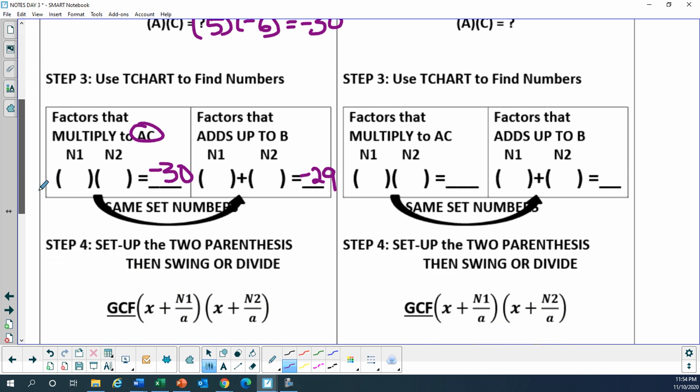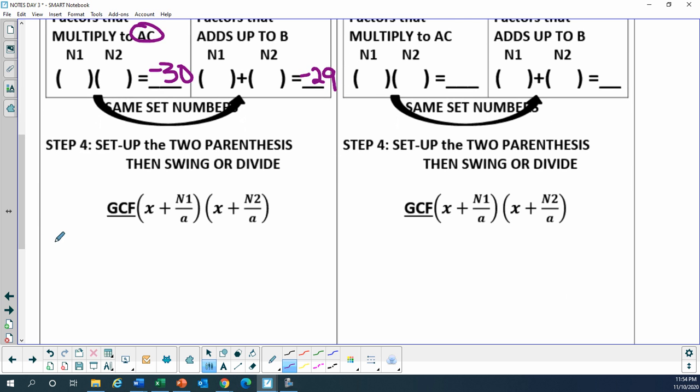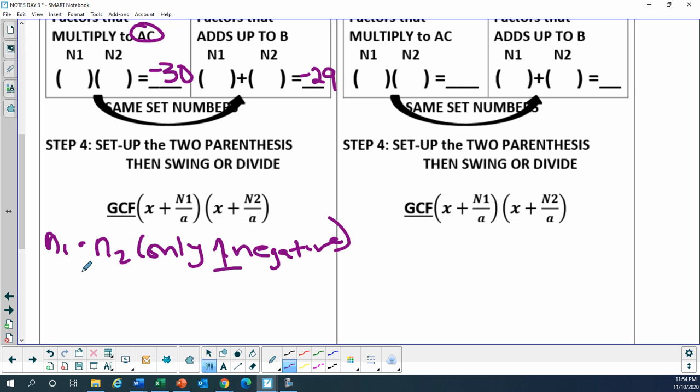So mind you, when the multiplication part is negative, the only way I can multiply to get negative is if one is positive, and then if it is n1 times n2, one of them has to be negative. Only one negative, right? Because positive times negative is going to be negative. But when I add n1 plus n2, it needs to give me negative 29.